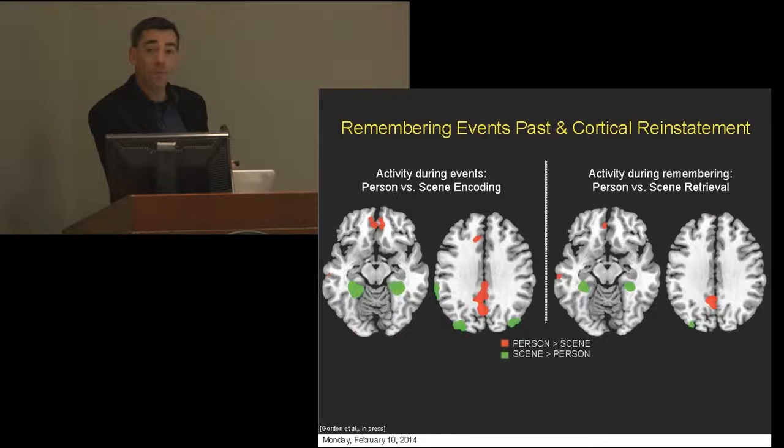Now when you cue people to remember scenes or people, you see a reinstatement of activation in those same structures. And in fact, using distributed pattern analyses along the lines that Jeff Aguirre made reference to very briefly yesterday in his talk, we can quantify the similarity of the brain state at retrieval to the brain at the time of encoding.